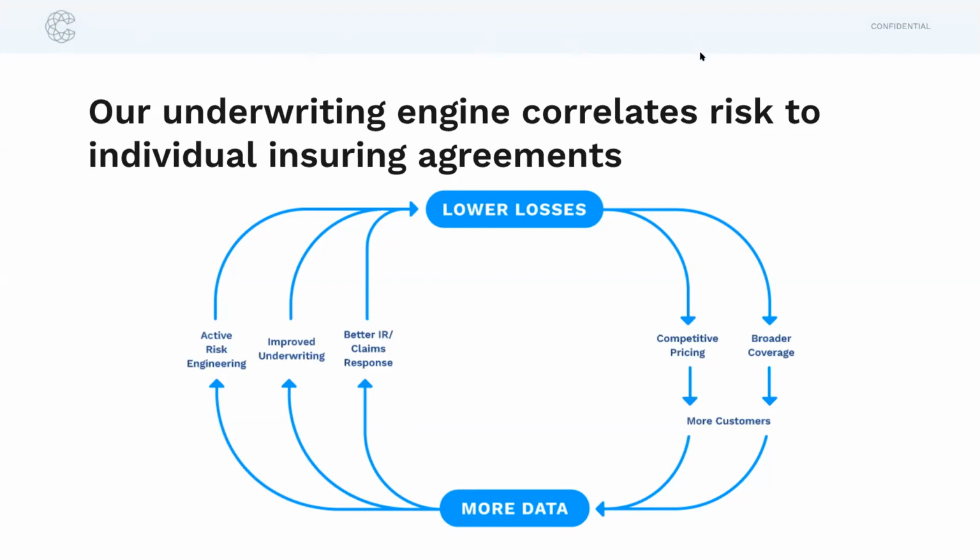All of that data in a business that is based on actual science allows us to do some really interesting things. First of all, it allows us to have an underwriting model where we very actively connect security-related risks to insuring agreements.